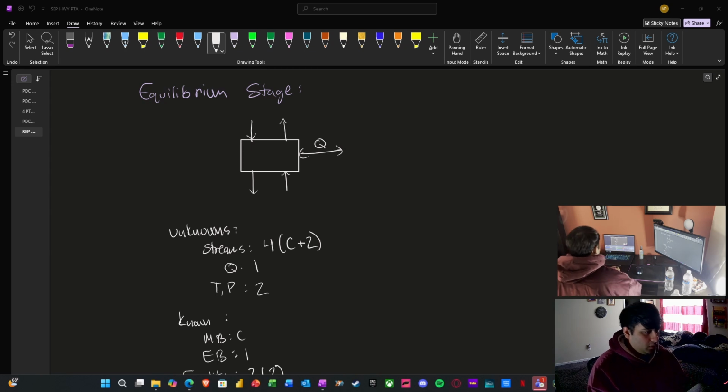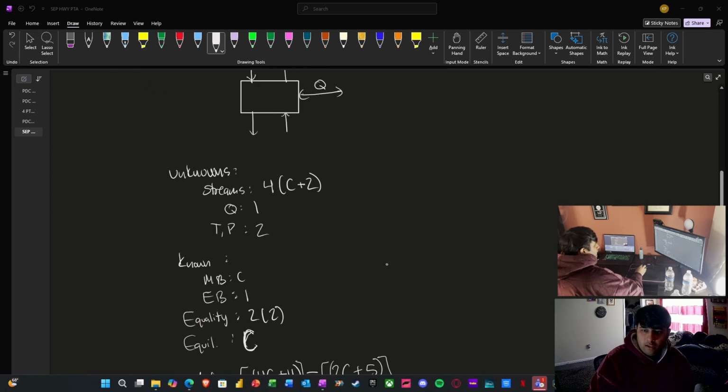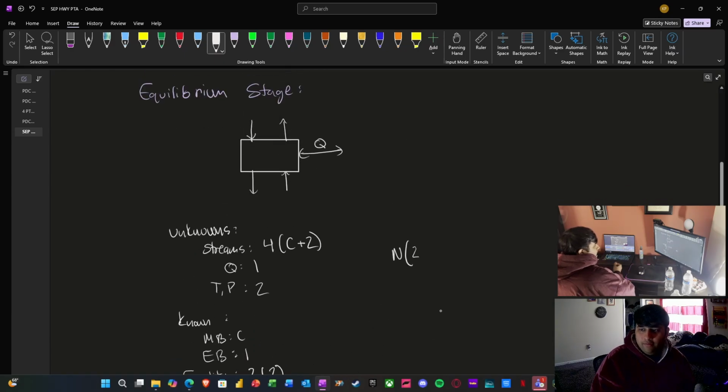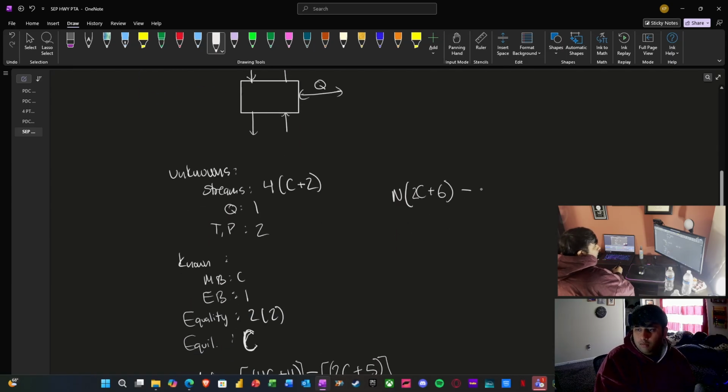And now back to our equilibrium stage. We just want to add on an n factor to this. So basically what we're going to do is 2 times our DOF, which is 2C plus 6, minus 2 times n minus 1 times C plus 2 plus 1.